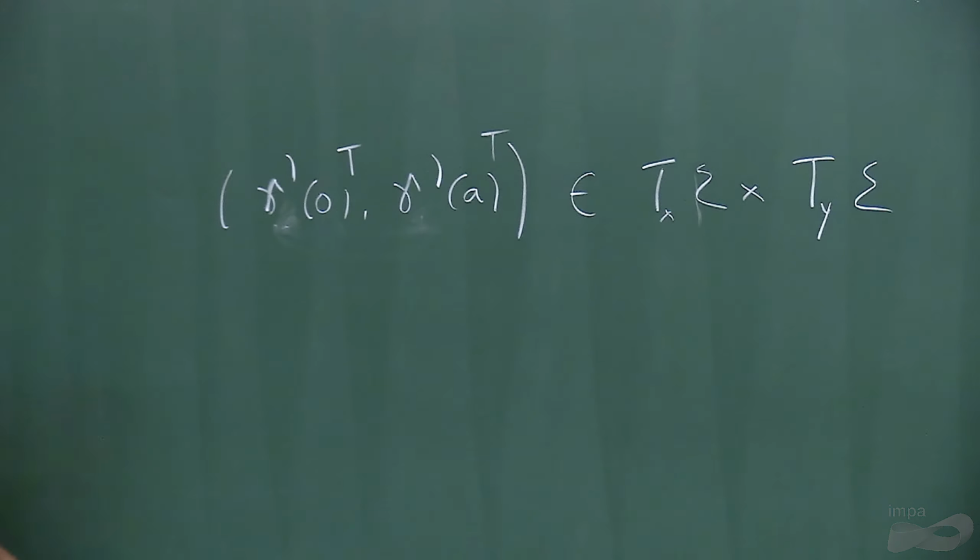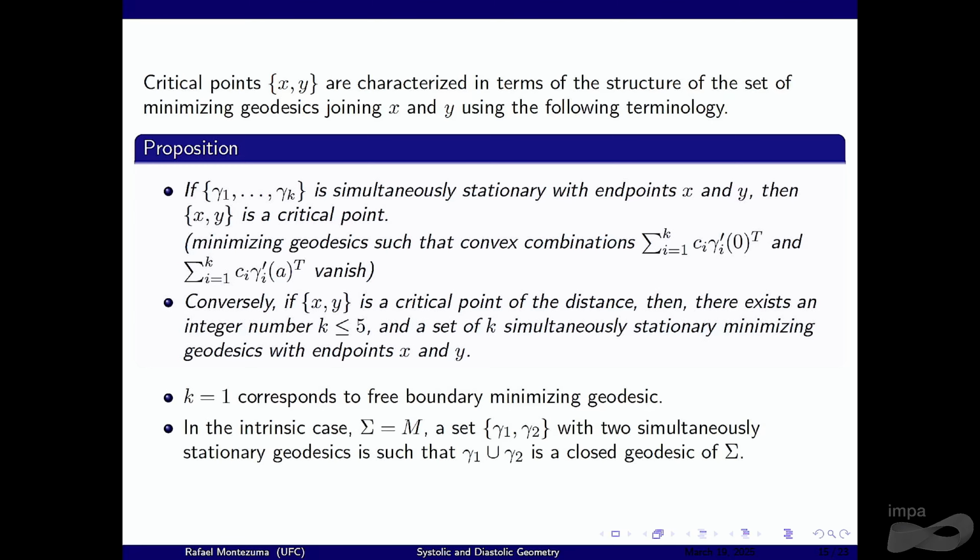And if there's a convex combination, if 0 is in the convex hull of the set, then it's going to be a convex combination of at most 5 points in the set, right? So that's the characterization in terms of simultaneously stationary minimizing geodesics.